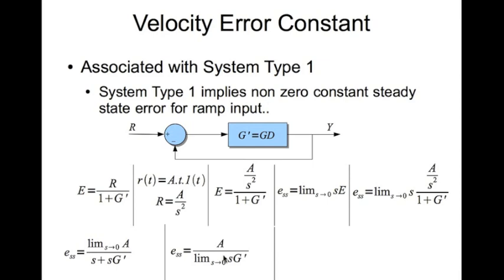You can now write the velocity error constant as the limit as s tends to 0 of s times g dash. Therefore the error is given by A divided by the velocity error constant.